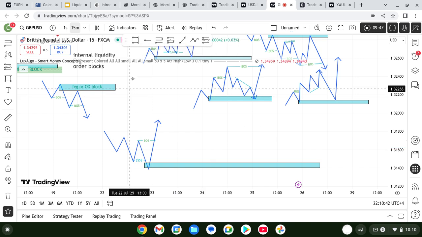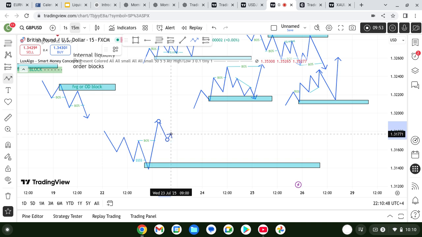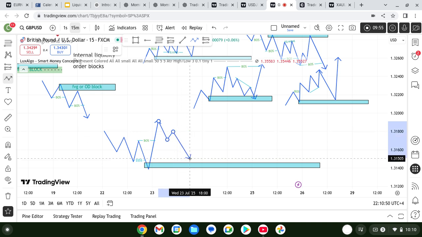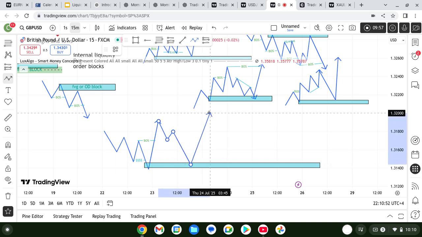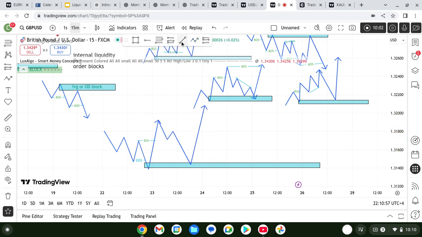So we shall wait for the market to come and trap in our point of interest and continue in the upside direction.